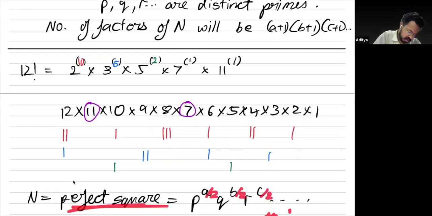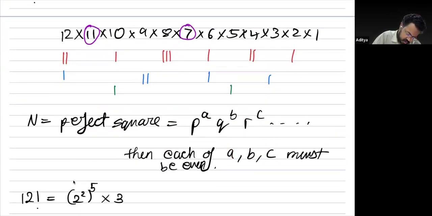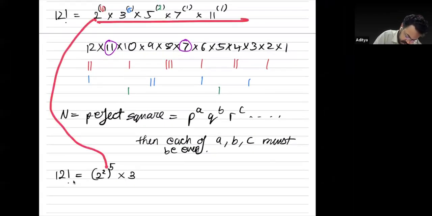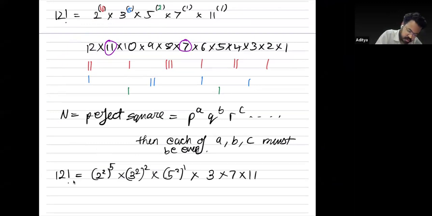So now what I'll do cleverly is write 12 factorial as 2 square to the power 5 times 3 to the power 3 square, the whole square, times 5 square power 1 times 3 times 7 times 11.